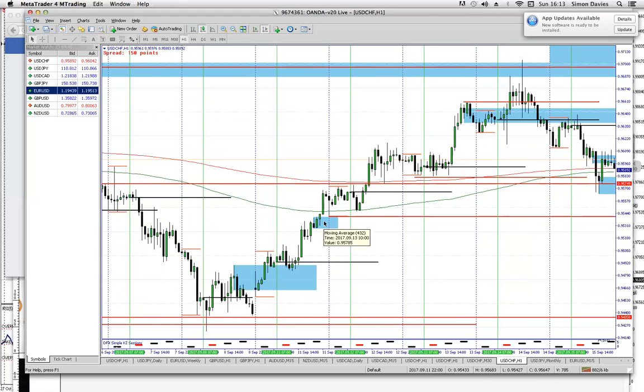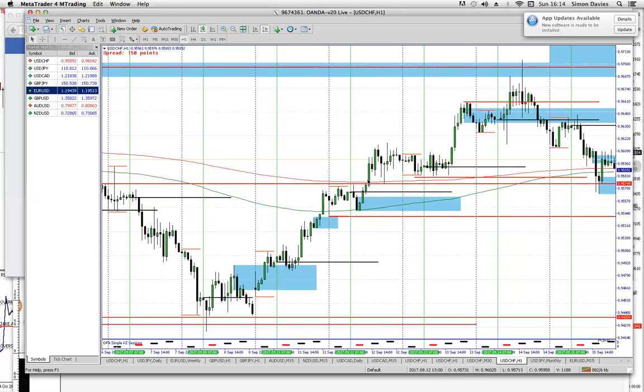There's such a thing as an ignition block as well. So you've got an order block here and it does not come down to it. If you've seen another downwards candle here and it rallied off it, that is an ignition block.